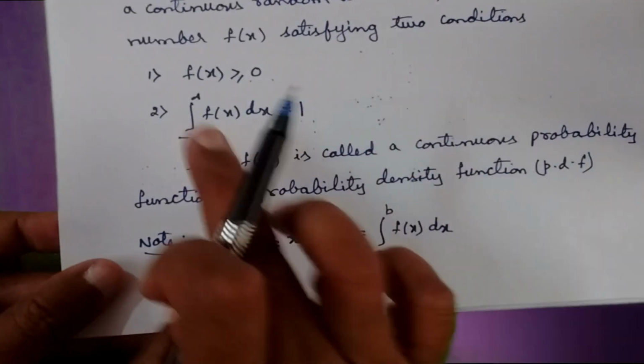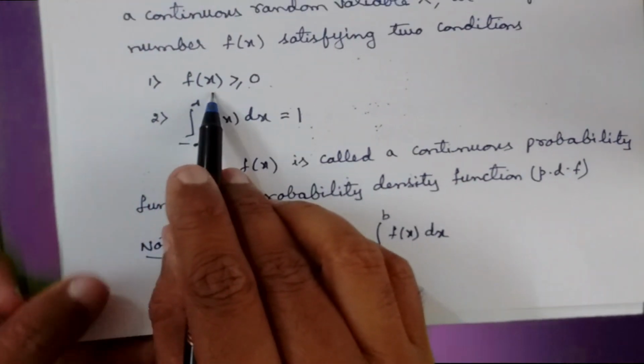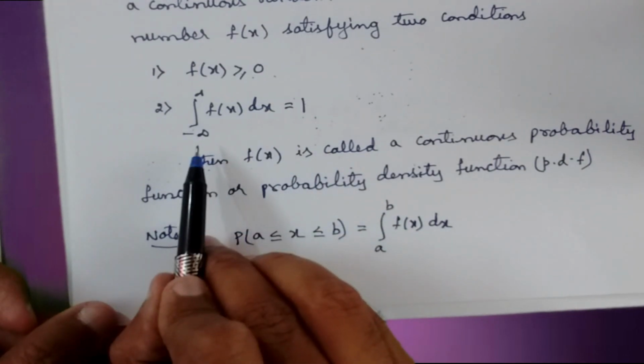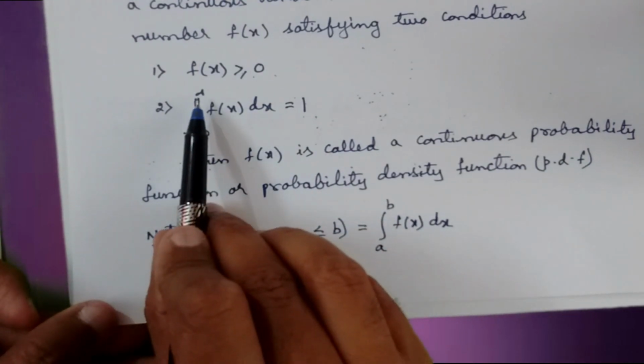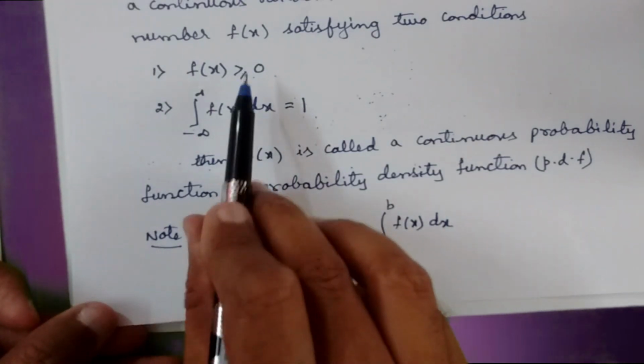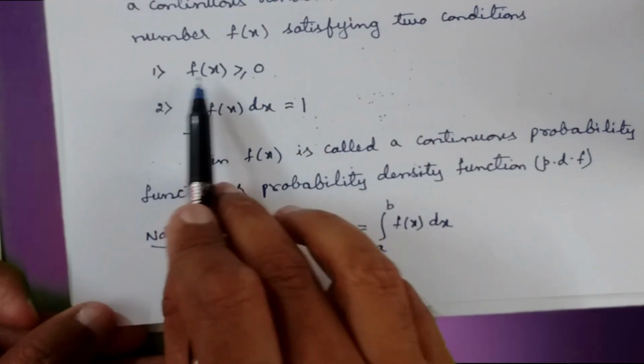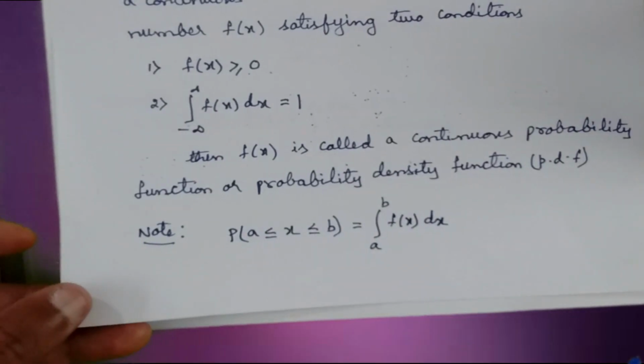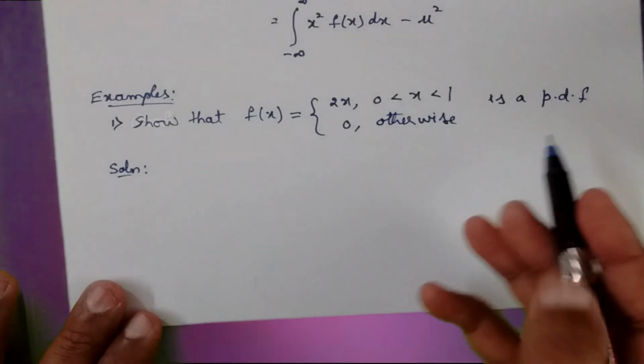The first condition is that f of x should be greater than or equal to 0. The second condition is that the integral from minus infinity to infinity of f of x dx should be equal to 1. If these two conditions are satisfied, we can say that this f of x is a probability density function or PDF.